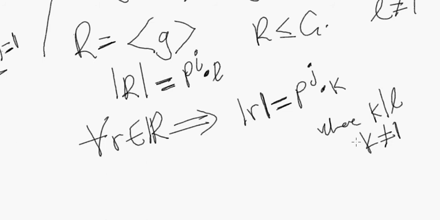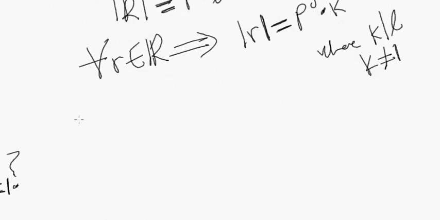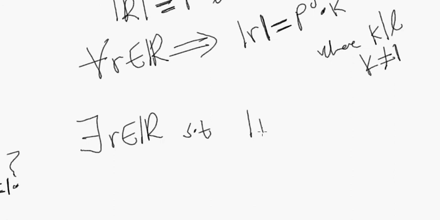So why is this true? Suppose not. Let's suppose there exists some r in R such that the order of r is of the form p to the j, but the k that we have here is 1. It's just p to the j times 1.